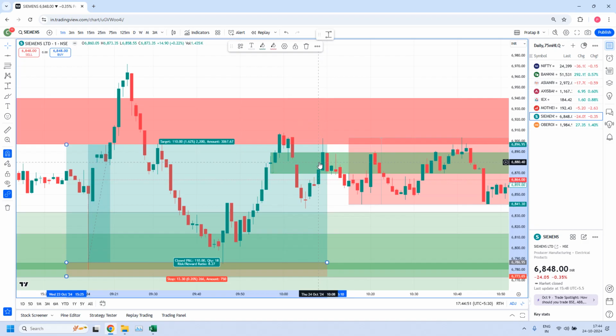At that time, many of these 1 minute zones will be violated. They will be violated downside and also upside. That's why it is quite dangerous. Some experience you need to have.